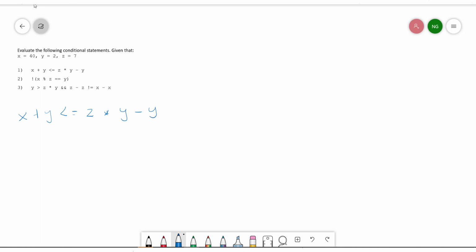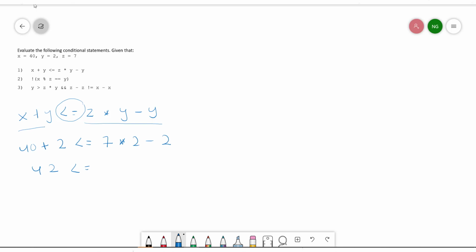So when we see this question, do the operations first, and then lastly we'll do the comparison.